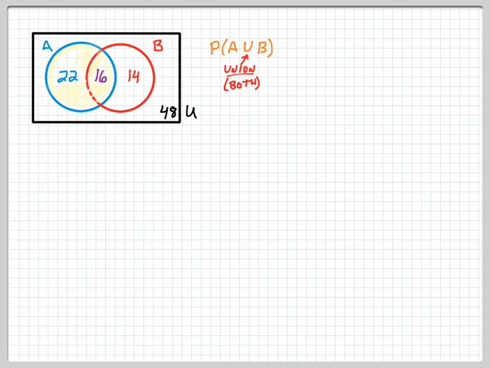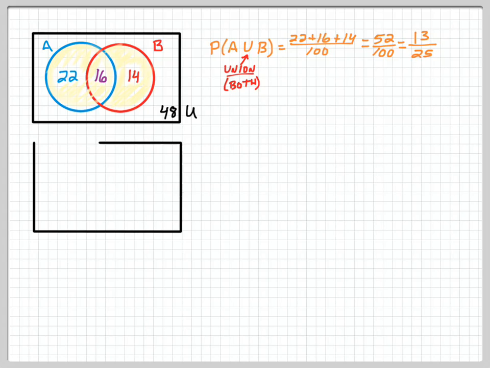If we are looking for the probability of A union B, then that's going to be all of A and all of B. Either one is true, one or the other, right? So we've got 22 plus 16 plus 14 all over 100. We can simplify that down to 13 over 25. So that's either A or B, right?